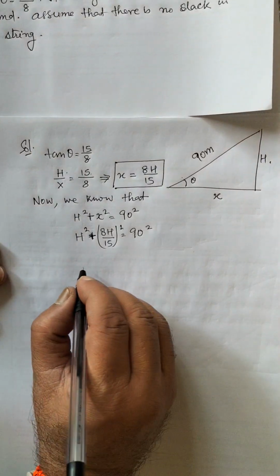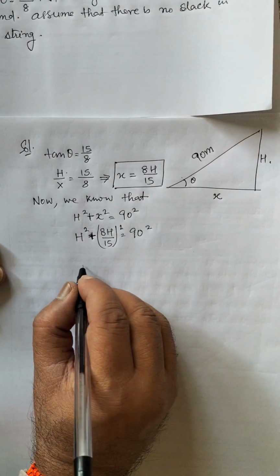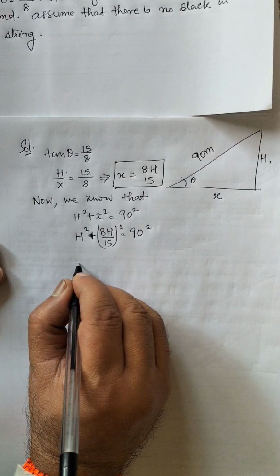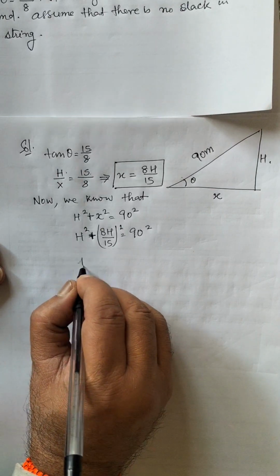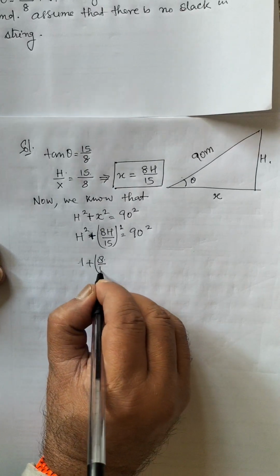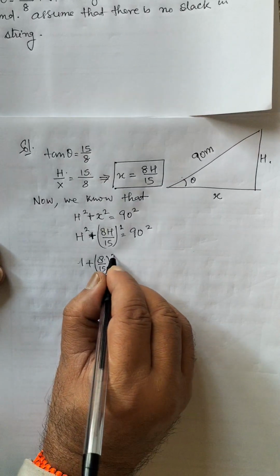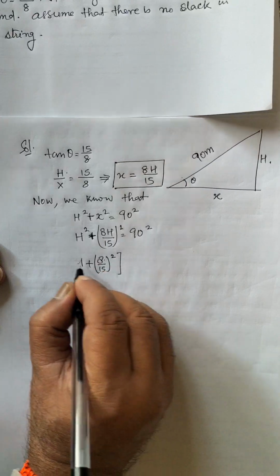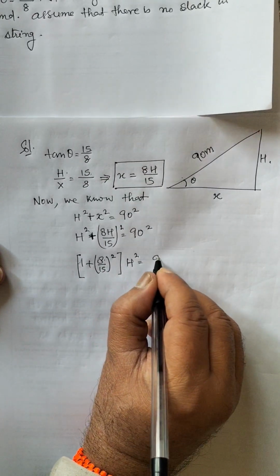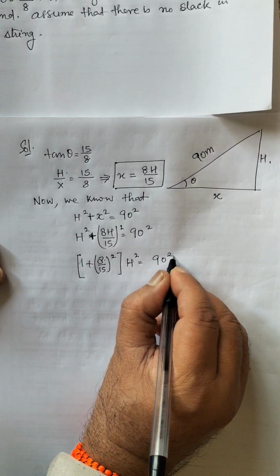Now solving, you will get 1 plus (8 by 15) square times h square is 90 square.